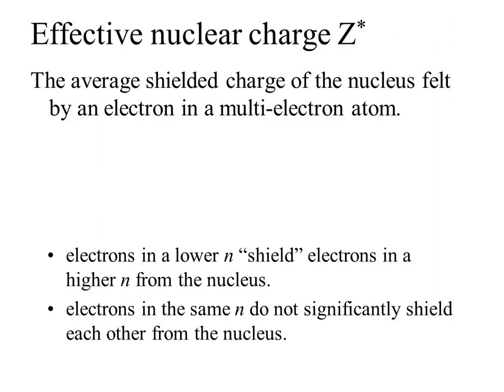Actually, I would argue you don't see an absolute trend in the main group elements either. But because we're almost to the assignment slide, I put together a separate slide to talk about effective nuclear charge. Effective nuclear charge basically says that your non-valence electrons, your inner electrons, shield what your valence electrons feel from the protons in the center.